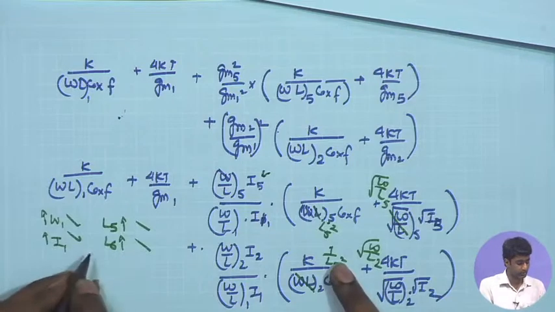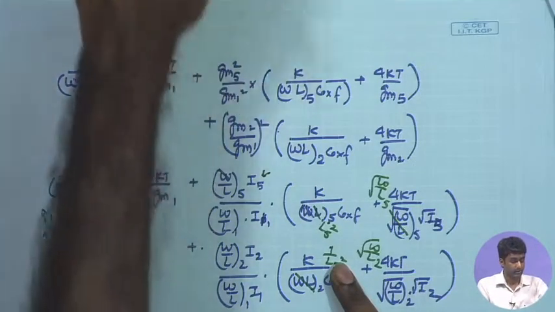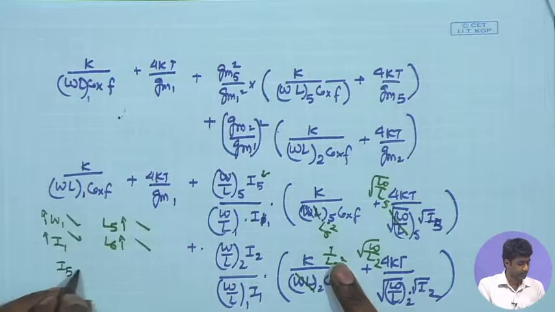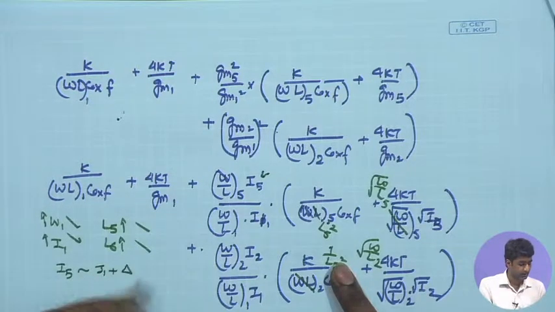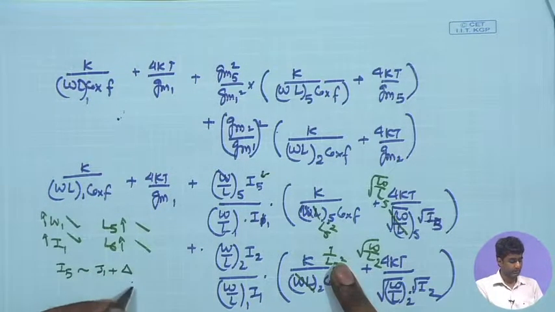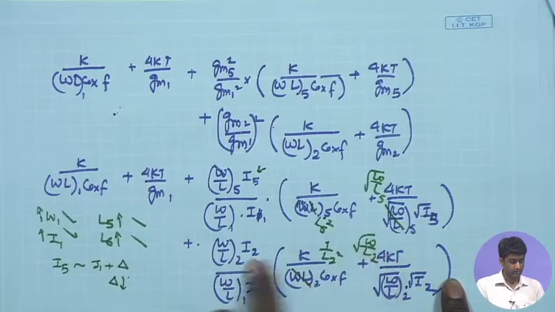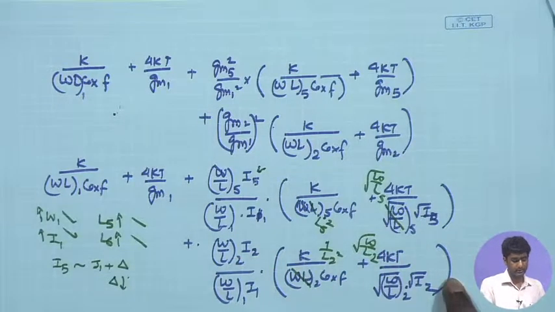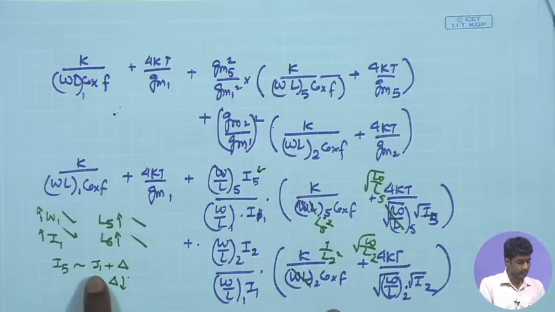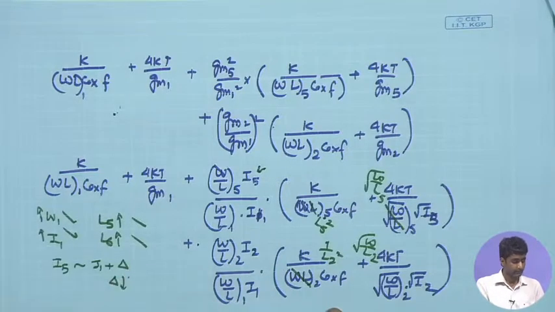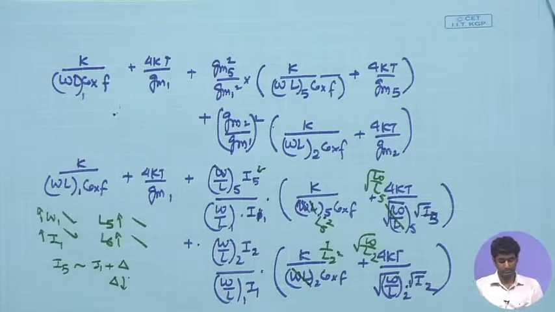So, what I can try to do is make the tail current source I5 equal to I1 plus delta, and if I reduce this delta, that will reduce I2 and hence the I2 upon I1 ratio, and therefore, it will reduce the contribution of this term further. So, having a larger I1 and a smaller delta, which is basically determining the I2 upon I1 ratio, can also help in minimizing the overall noise contribution of these transistors.